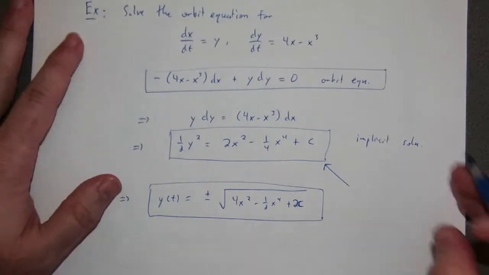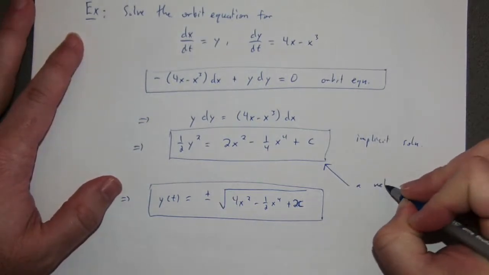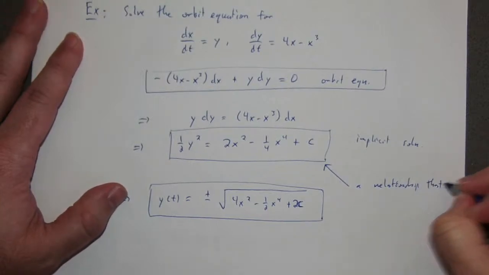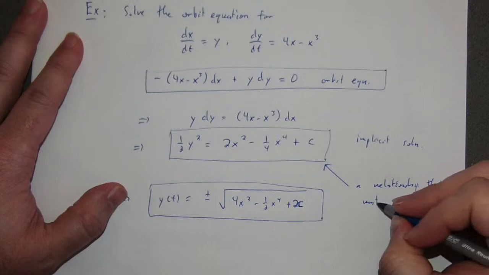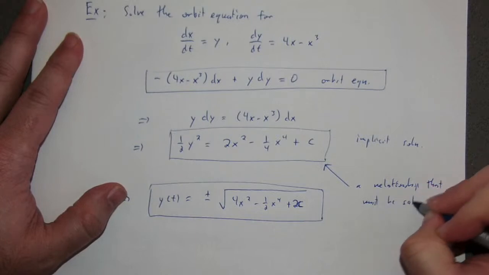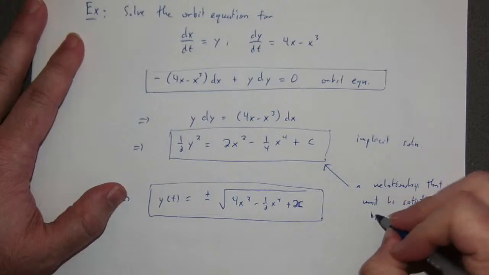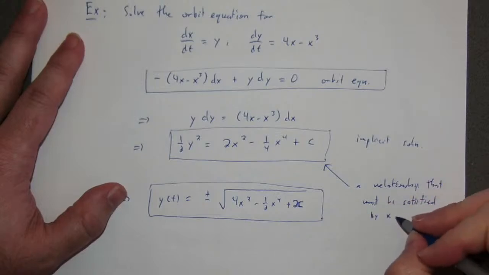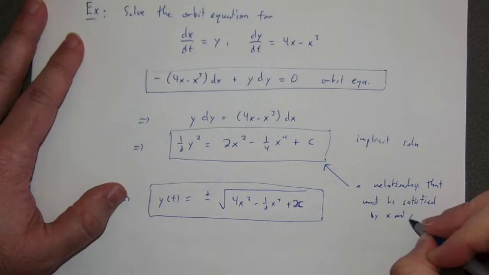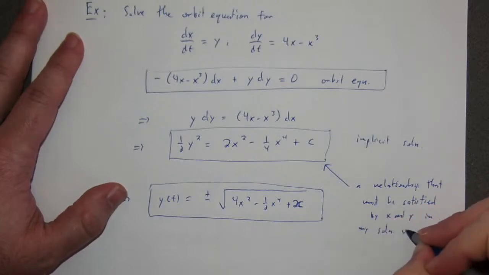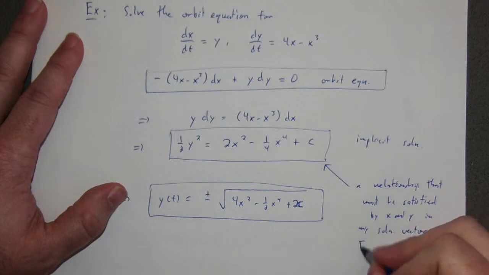This is a relationship that must be satisfied by x and y in my solution vector. So my solution vector is x of t, y of t.